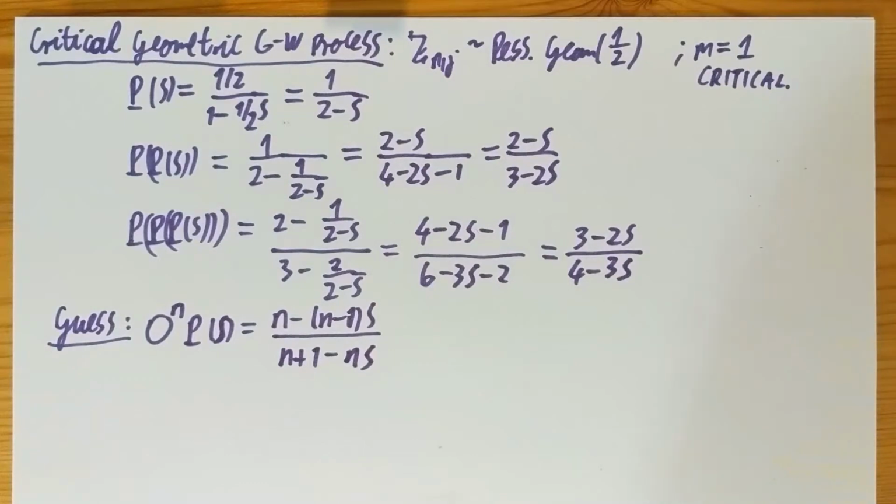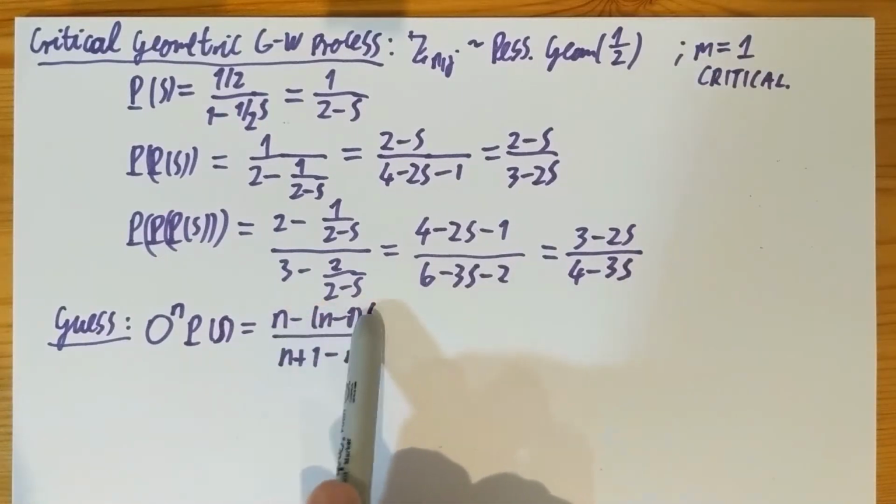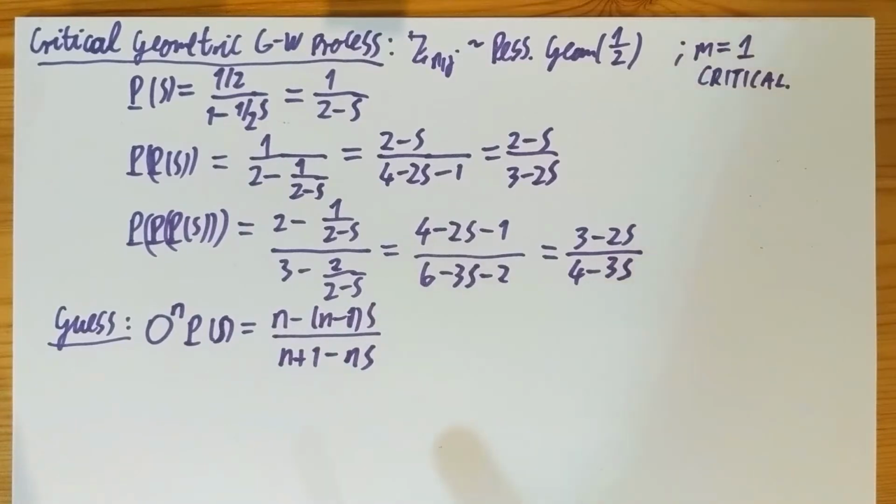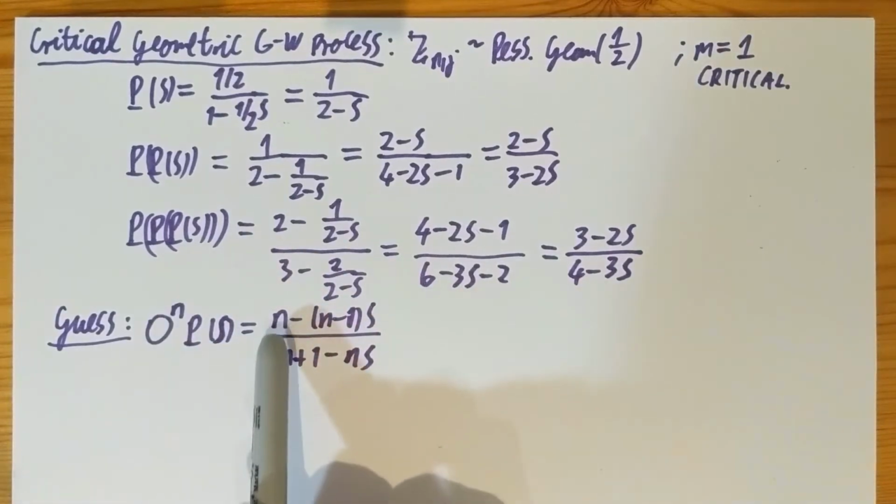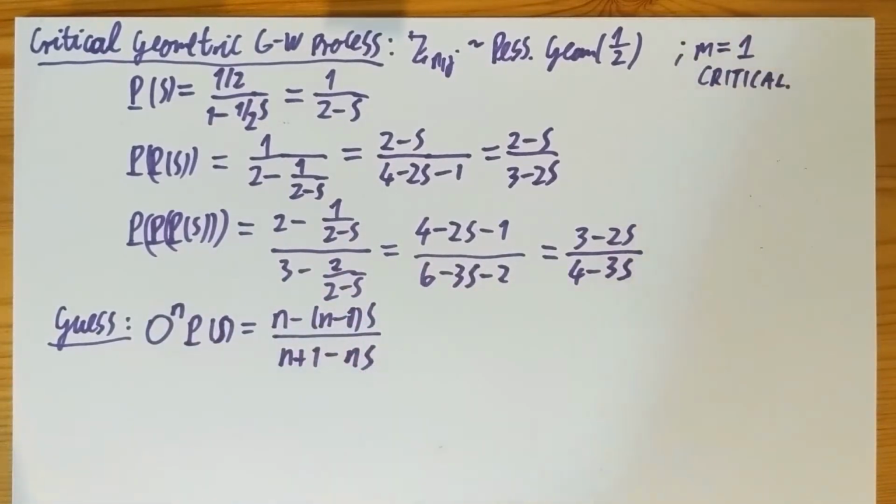For n equals 1, this would give me 1 over 2 minus s. For n equals 2, it gives me 2 minus s over 3 minus 2s. For n equals 3, it gives me 3 minus 2s over 4 minus 3s. So that's my guess. And actually that guess is true.